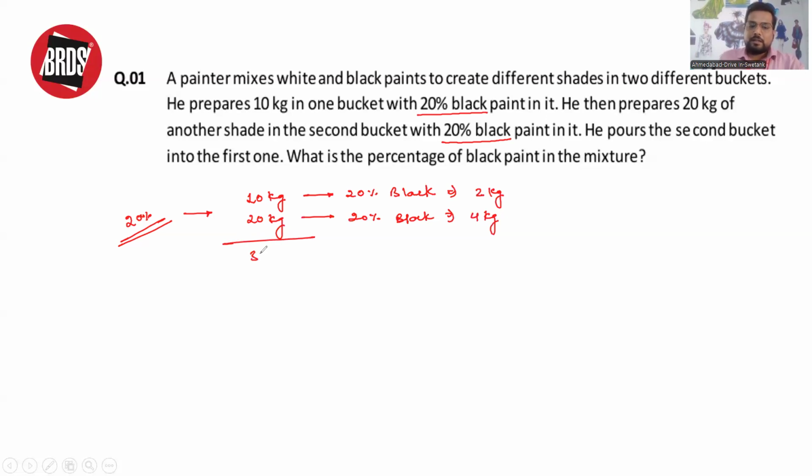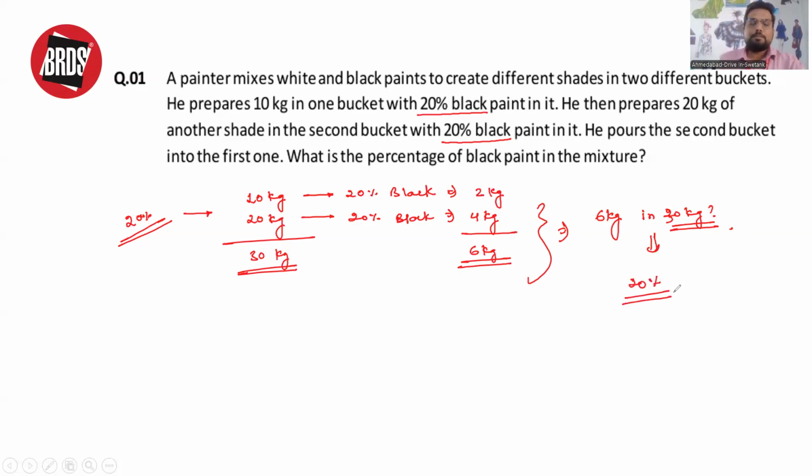If we add it, that would be a total of 30 kg, while the black would be a total of 6 kg. That means we have to find the percentage of 6 kg in 30 kg. What is 6 kg in 30 kg? We can simply understand that it is going to be 20%.